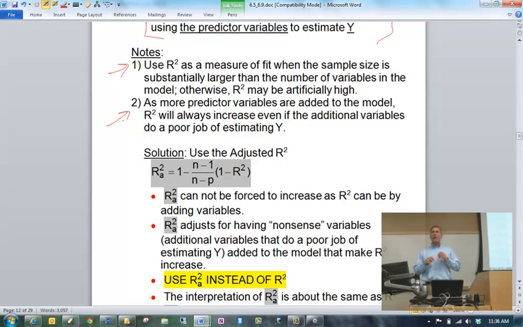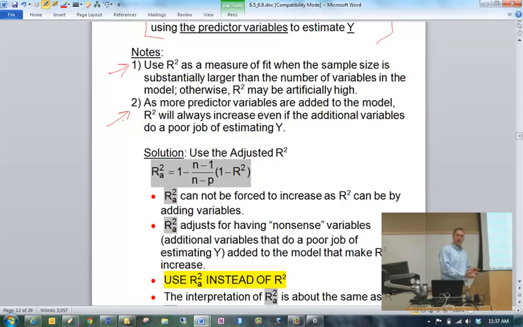So why is that of concern? Well, the larger the R squared, the more variability is being explained by your predictive variables. So you might think the model with these 2 variables is better than the model that has only high school GPA in it. Well, that's not a good thing to have happen.